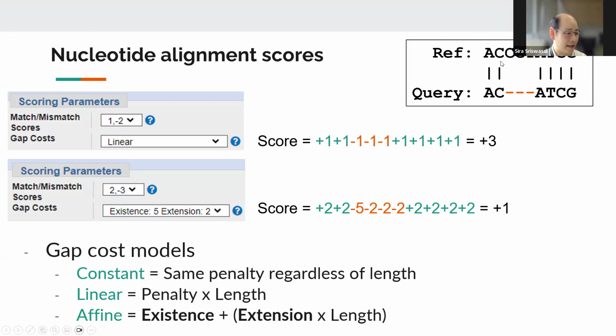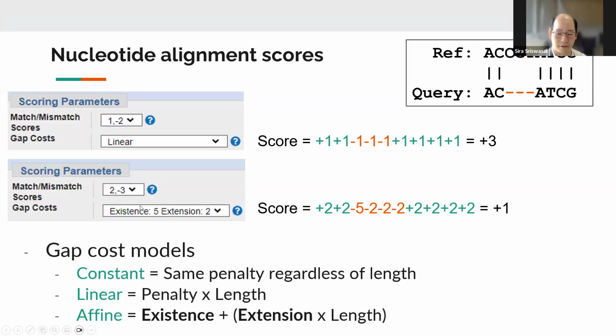And let's say we have this alignment between these two sequences. There are 4 matches and 3 insertion deletions. If you use the first scoring criteria, it's going to be plus 6, like 6 matches, and then minus 3, because it's a linear score. Each insertion deletion gets minus 1, and there are 3 of them, so it's minus 3.